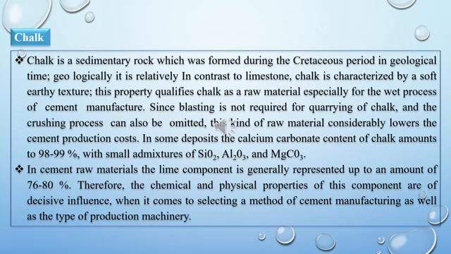He also discussed that in some deposits, the percentage of calcium carbonate in the chalk is 98 to 99%, which includes some other compounds like silica dioxide, aluminum oxide and magnesium carbonate.